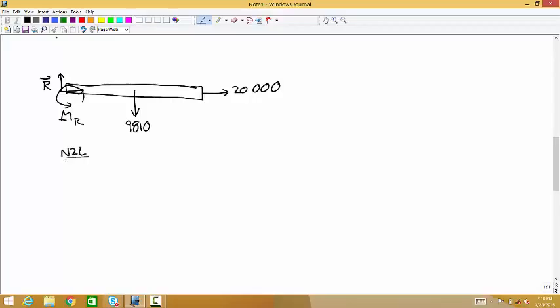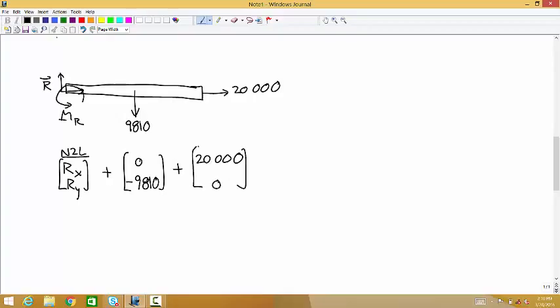So Newton's second law says Rx, Ry plus 0, negative 9810 plus 20,000, 0 is equal to zeros. So R is equal to negative 20,000 and then positive 9810.